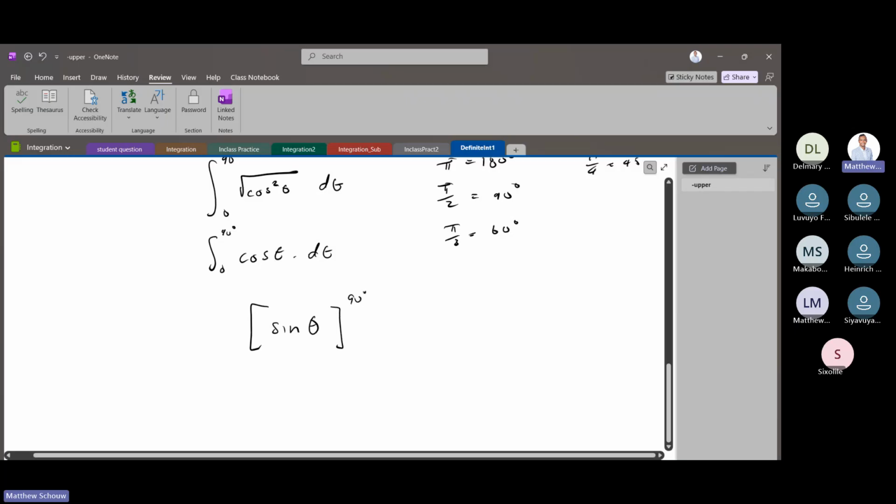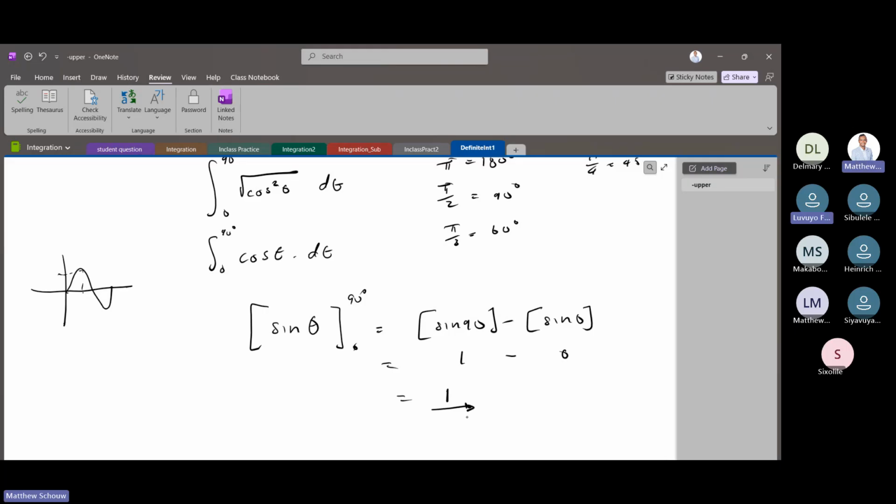We can simply say sine 90 minus sine 0. I'm going to draw my quick sine curve here. Sine 0 will be 0, and sine 90 will be 1. So therefore, the answer is 1 minus 0, which is 1.